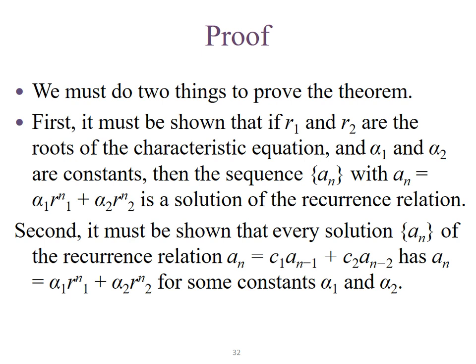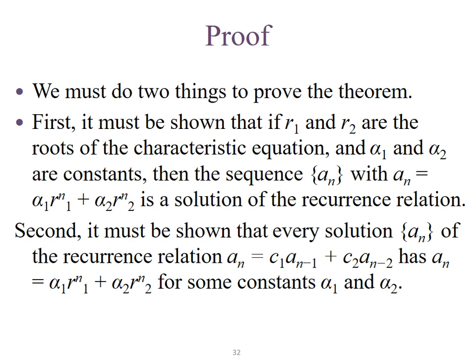Then we also need to show that every solution a_n of this recurrence relation, whose original form is a_n equals c1 times a_{n-1} plus c2 times a_{n-2}, has this form as a solution.